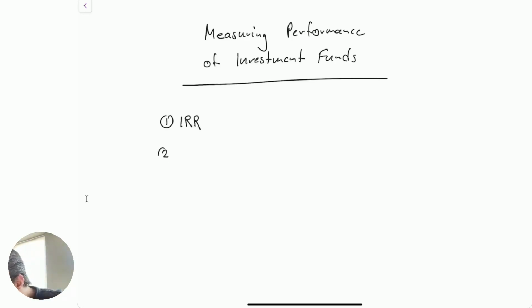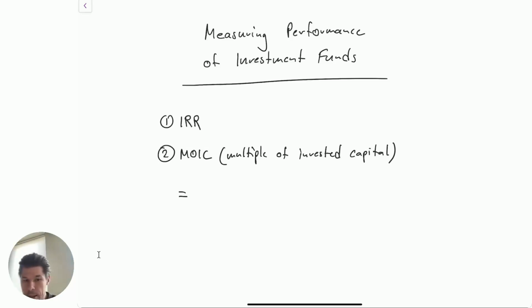Second alternative, which is a shortcut, it's not as accurate because it does not take into account the timing of cash flows, is so-called MOIC, which is the multiple of invested capital.